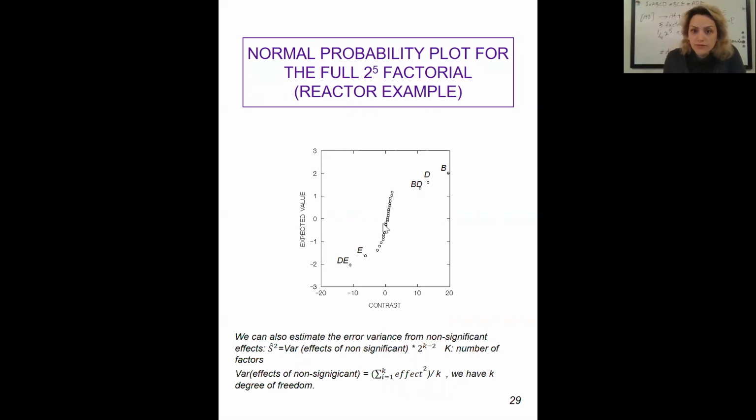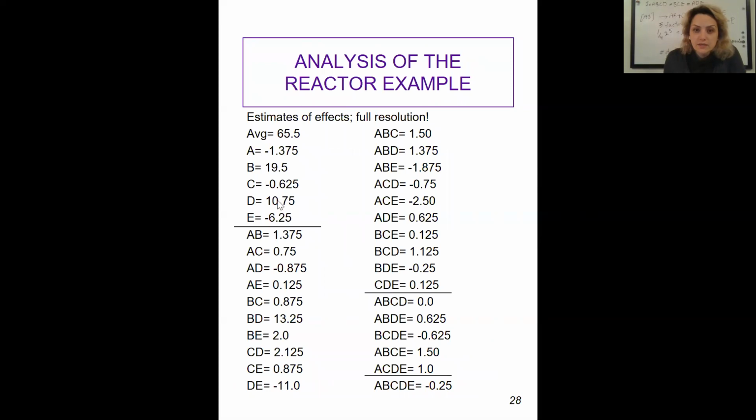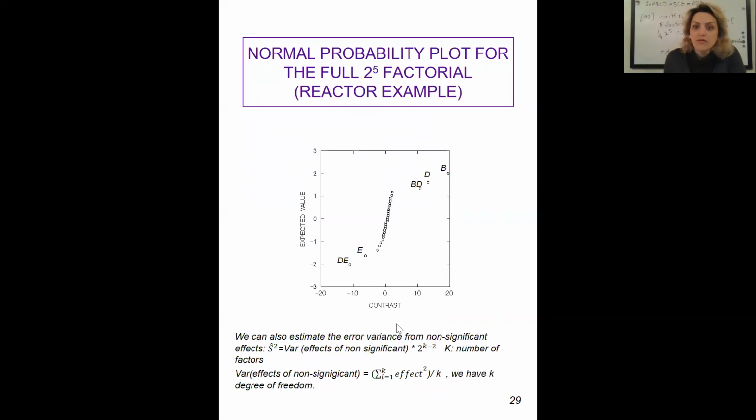We are going to plot all of these effects that we found. We are going to have it here. And then you will see that in your normal probability plot, the ones that are on the same line are not significant, but the ones that are far away from the trend would be significant effects.